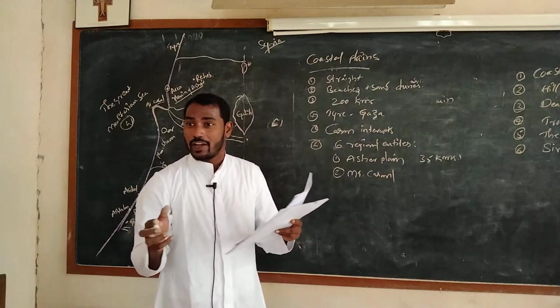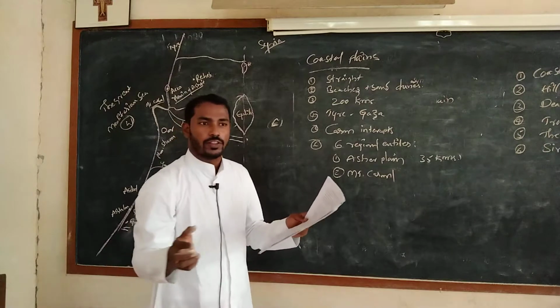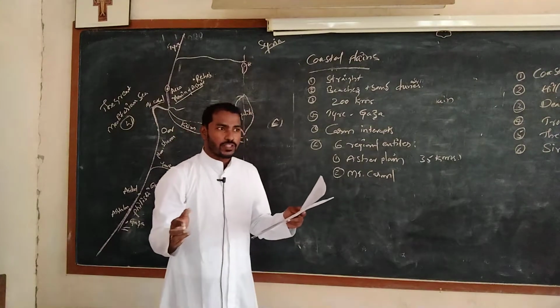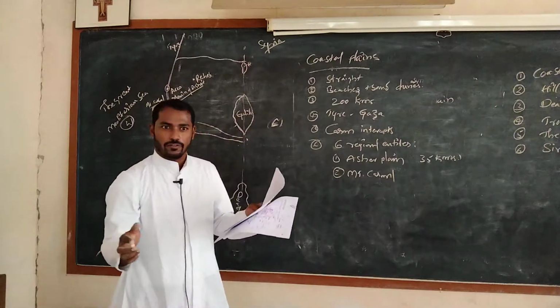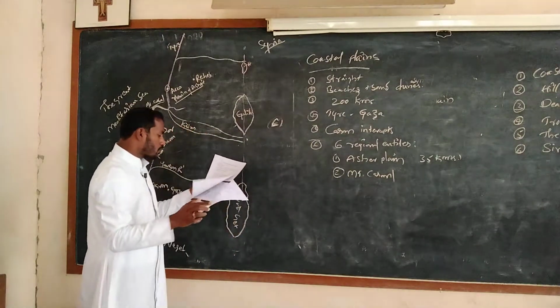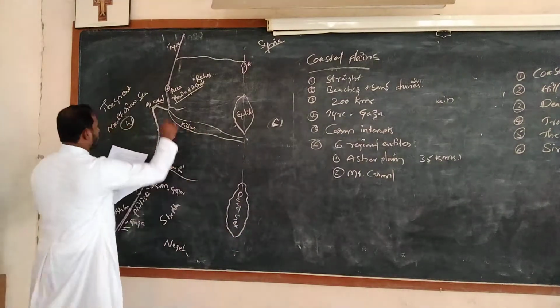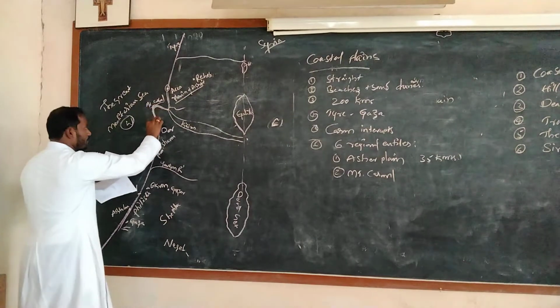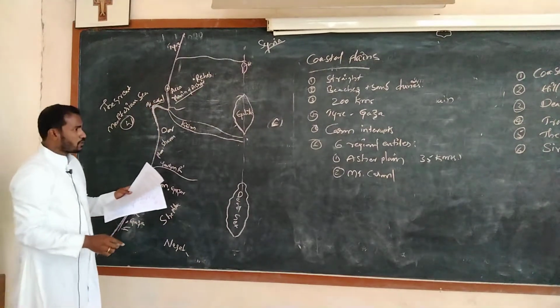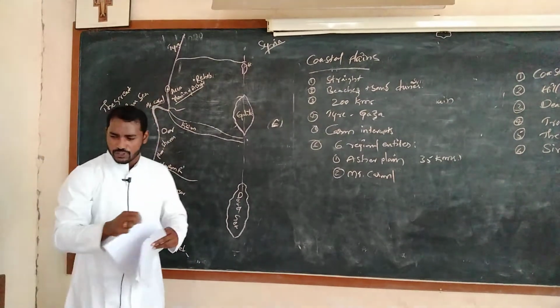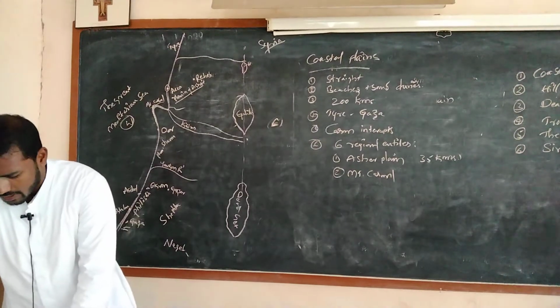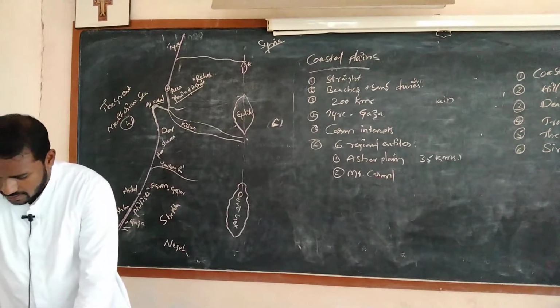It is because archaeologists find out all this. So basing on the information that we get from archaeologists, we say it is of limestone. It is projecting into the sea, Mediterranean Sea. So these are basic informations about the geographical areas where Palestine is located.